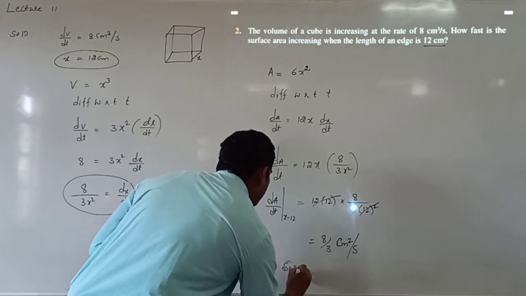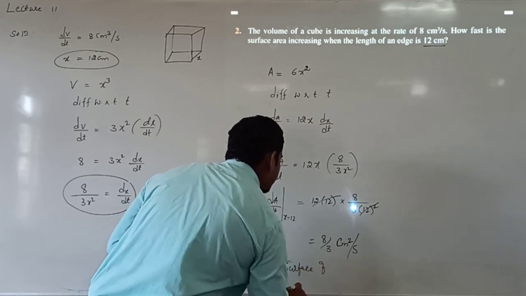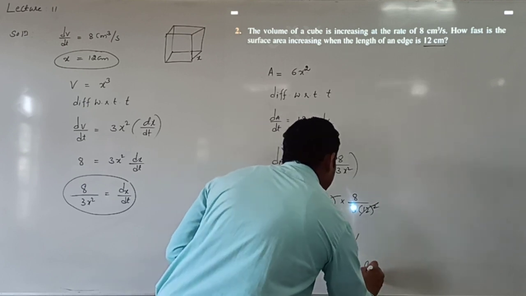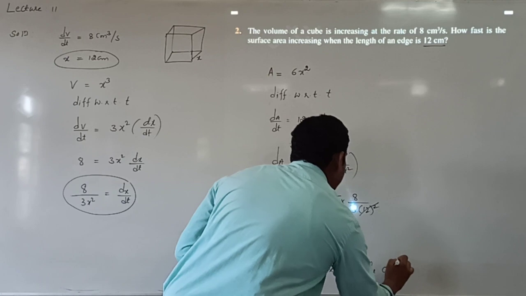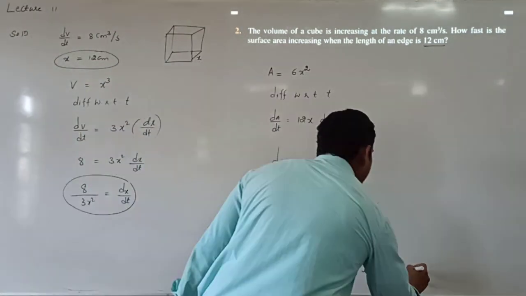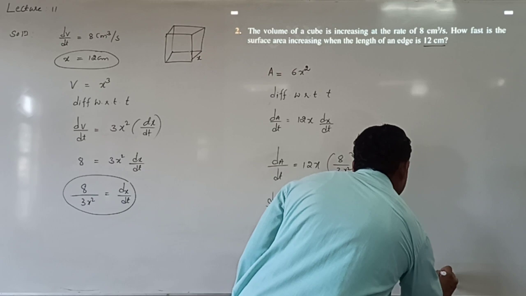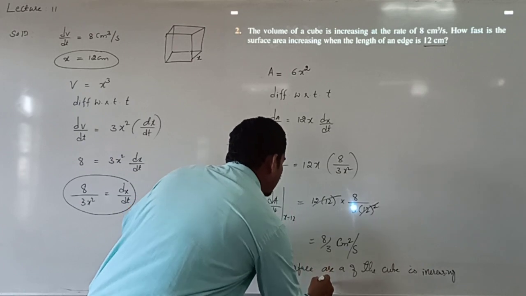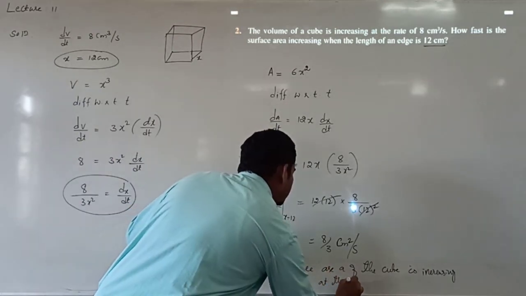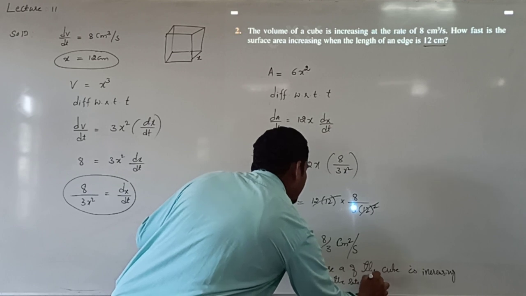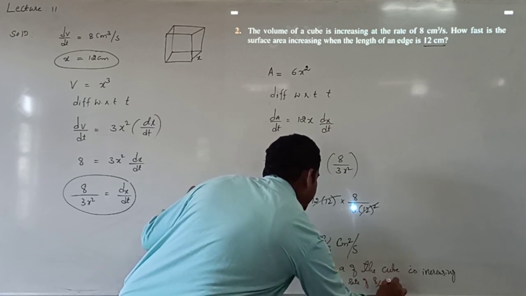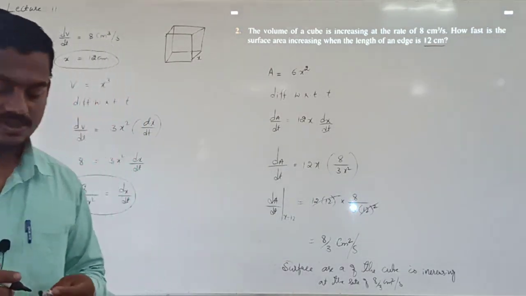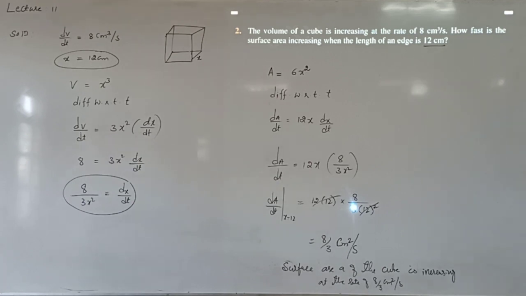Surface area of the cube is increasing at the rate of 8 by 3 square centimeter per second. This is one of the very important 5 mark questions, right?